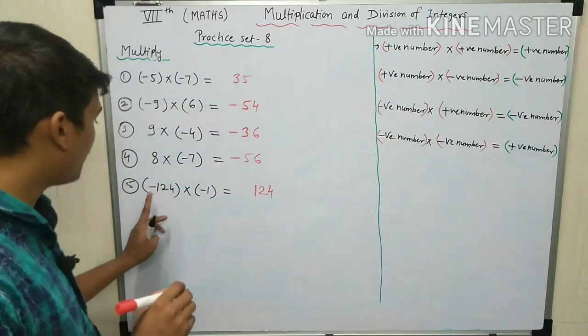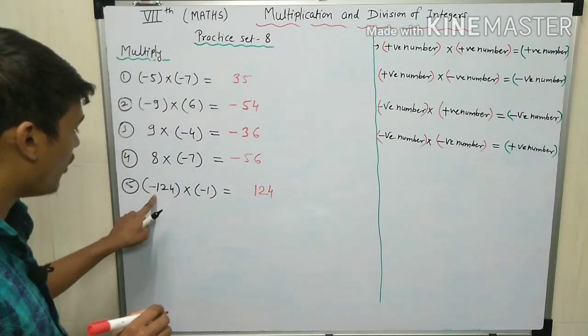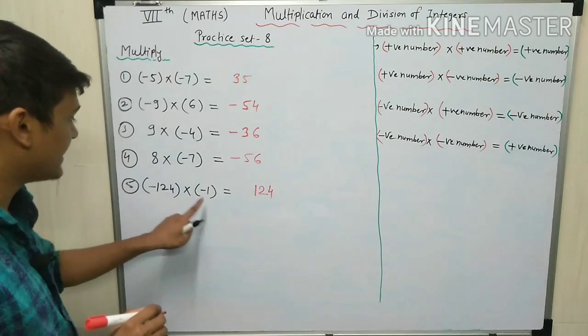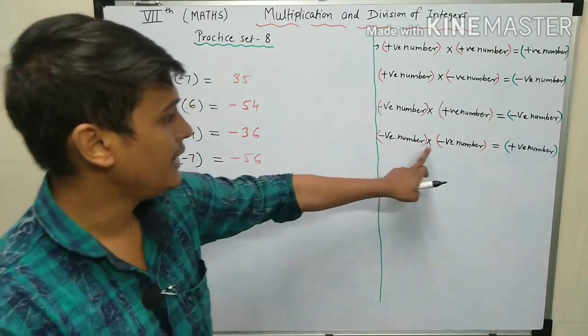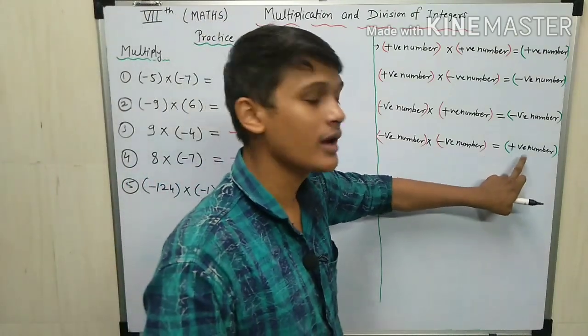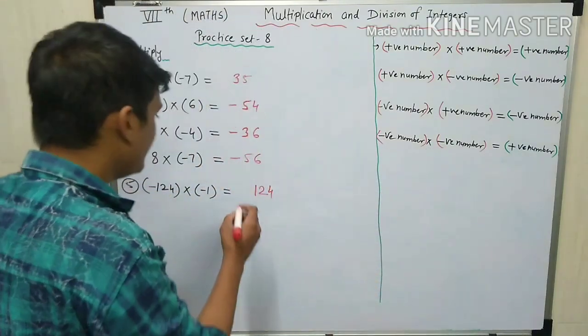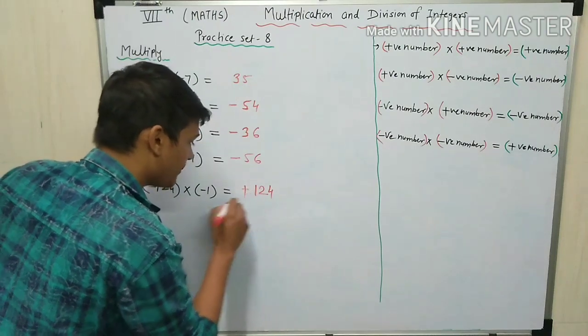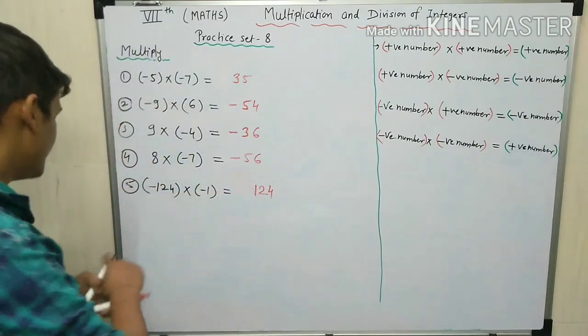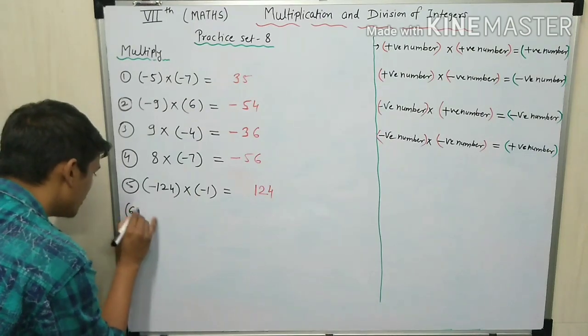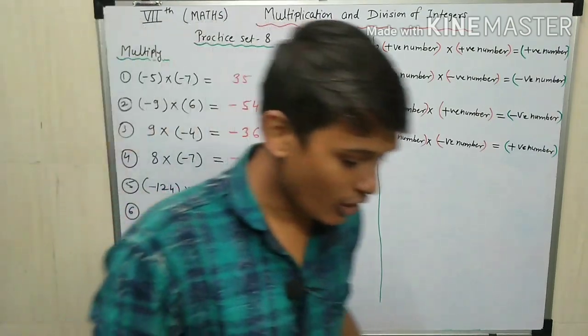Now the sign. The first sign is negative and the second sign is negative. Negative number into negative number is equal to positive number. We can write positive. You can also write plus, or you can leave it out; this is also plus. Understood?